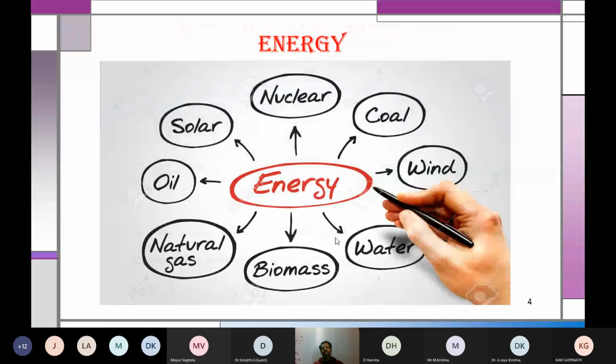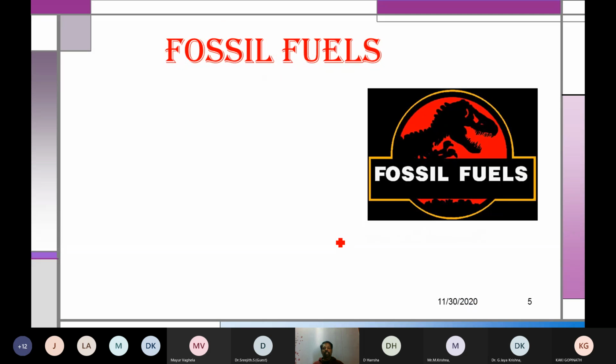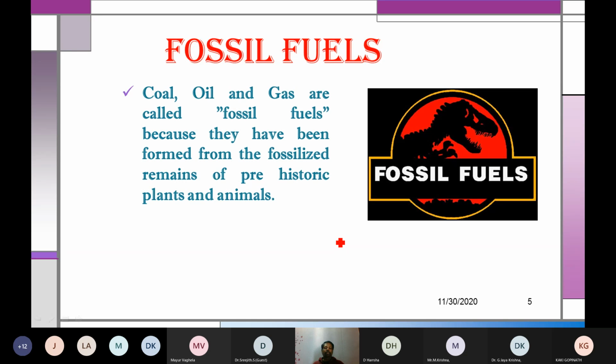And if you are talking about non-renewable energy sources, very often we will be using fossil fuels, right? Fossil fuels include coal, oil and gas.